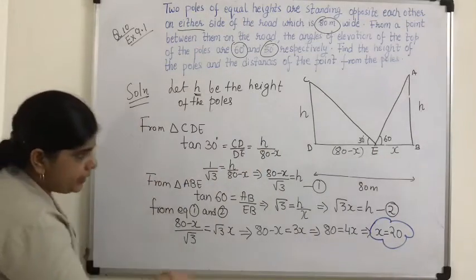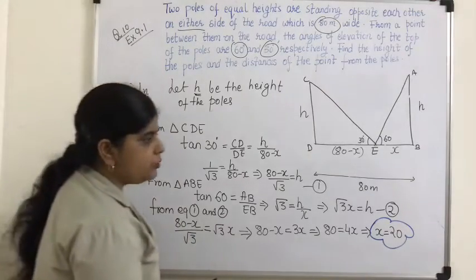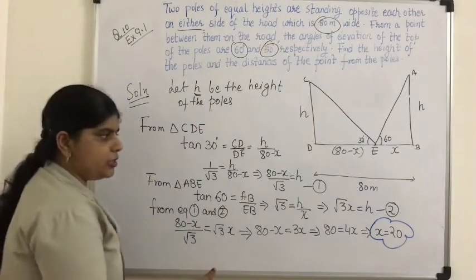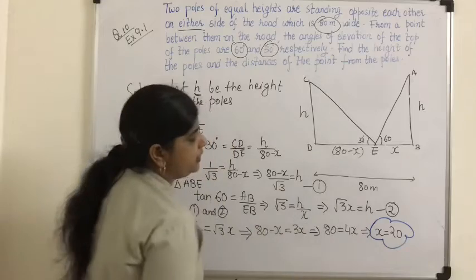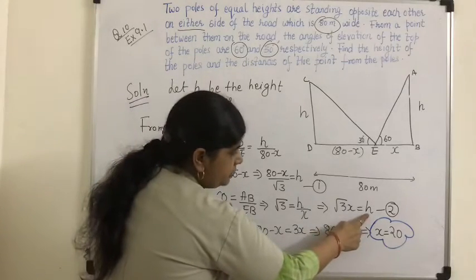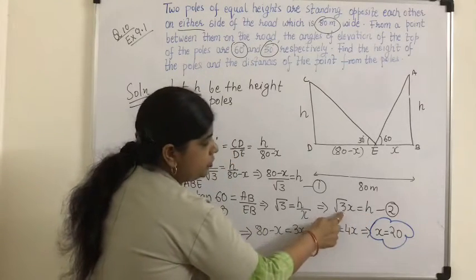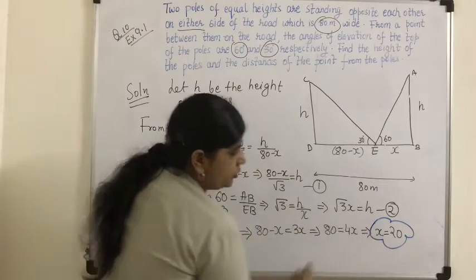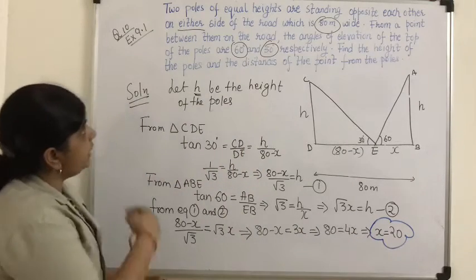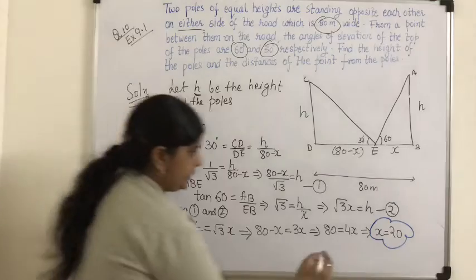So can you find any relation which we can use to find the value of h? I can see equation number 2, right? Equation number 2 says h is equal to root 3x. Now value of x I know, x is 20, right? So that I am going to use.